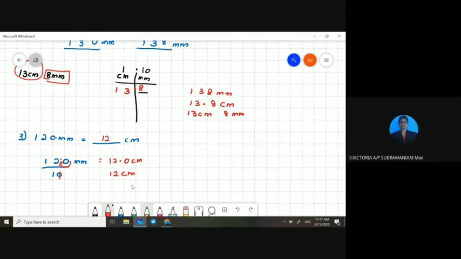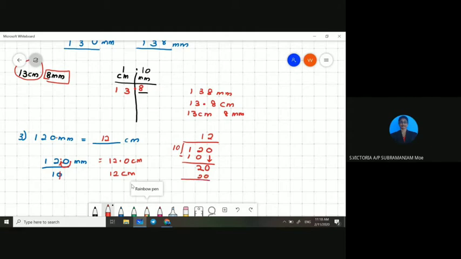This is one method. If you want to do long division, 120 you divide by 10. 1 times 10 is 10. 2 minus 0 is 2, and then you bring this 0 down. 2 times 10 is 20.